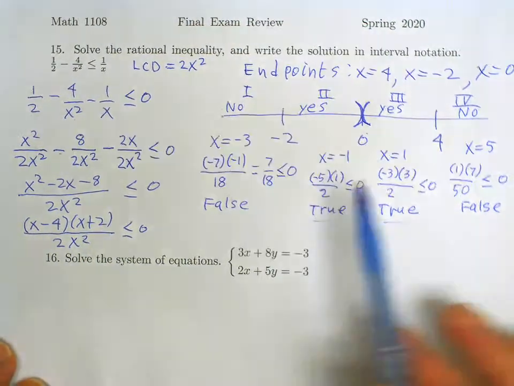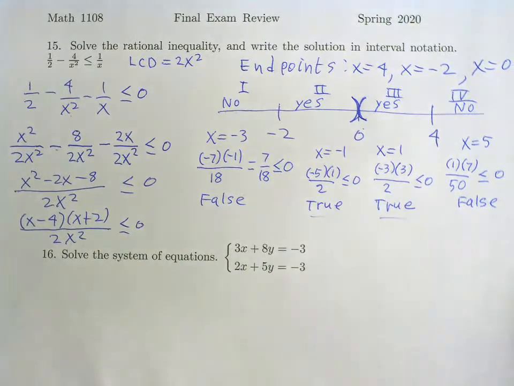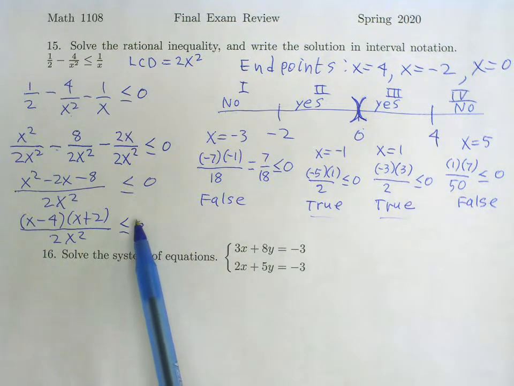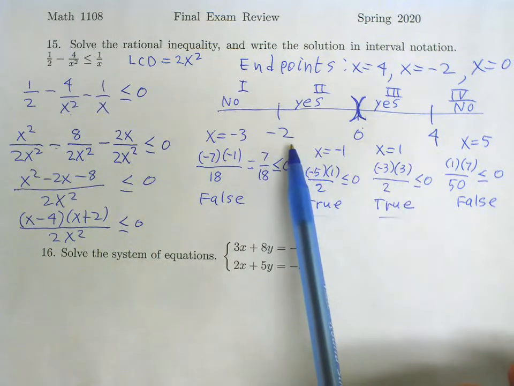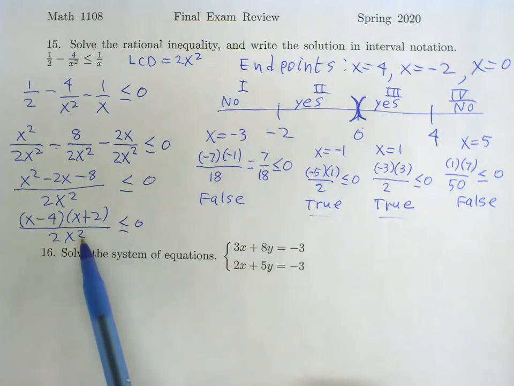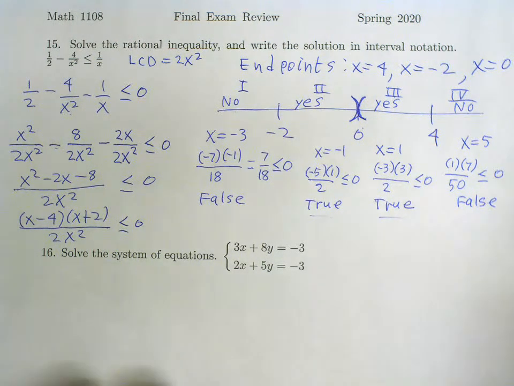The other endpoints are included because those endpoints, 4 and -2, come from the numerator, and the inequality is less than or equal to 0. So the other endpoints give us the inequality 0 less than or equal to 0, which is true.